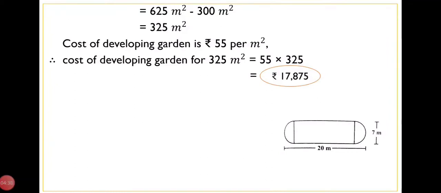Using that we will find the area and perimeter of the rectangle. Then we will add both the areas of the two semicircles and the rectangle. Similarly, to find the perimeter of the garden, we will add the perimeter of the two semicircles and the perimeter of the rectangle.